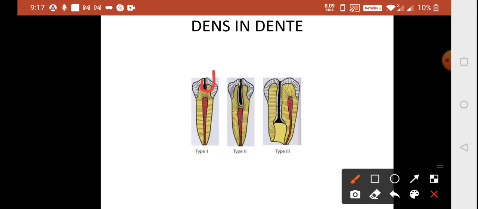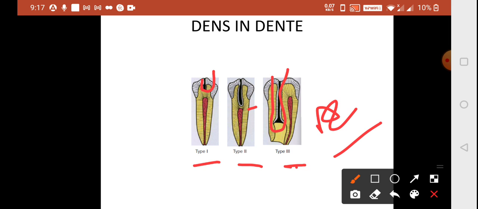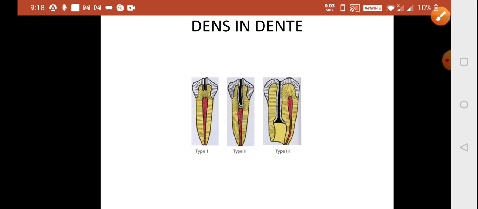You can see here it goes a little further, and here further and further down. So three types of dens indente can be appreciated. It is also called dens invaginatus, and it may appear that there is a tooth within a tooth, because you can see there is enamel and pulp again inside the tooth, so there appears to be a tooth within the tooth, and this is how you should know it.